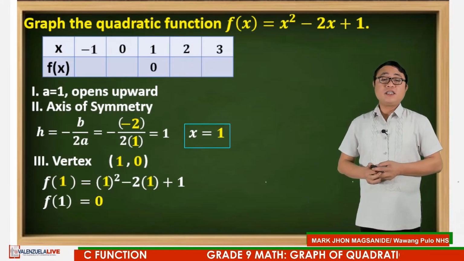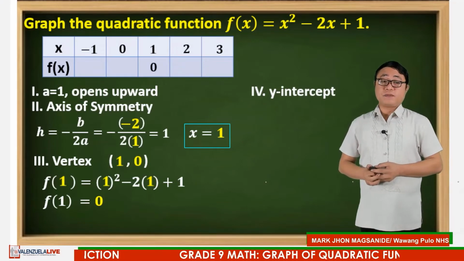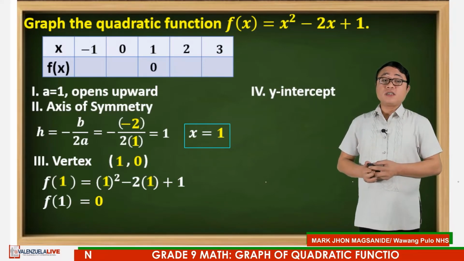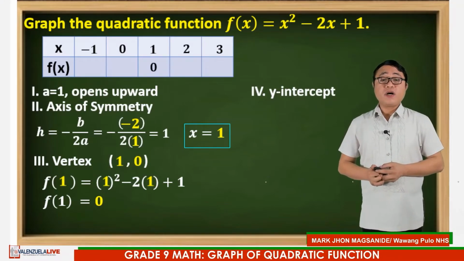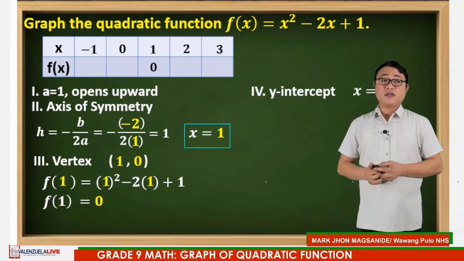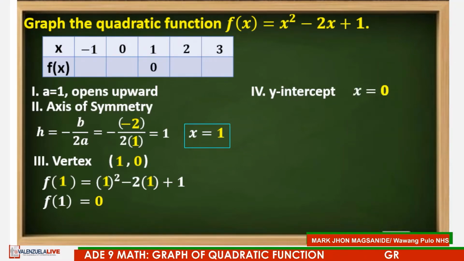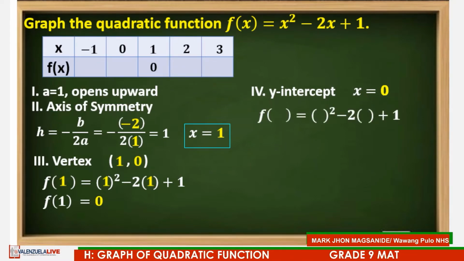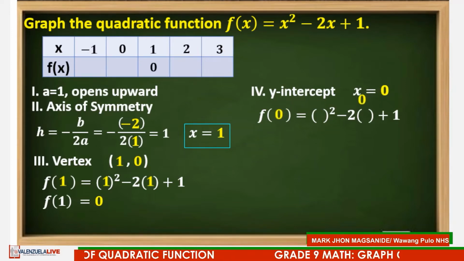Next, determine the y-intercept. To do this, solve for the function where x is equal to 0. Thus, f of 0 is equal to 0 squared minus 2 times 0 plus 1.